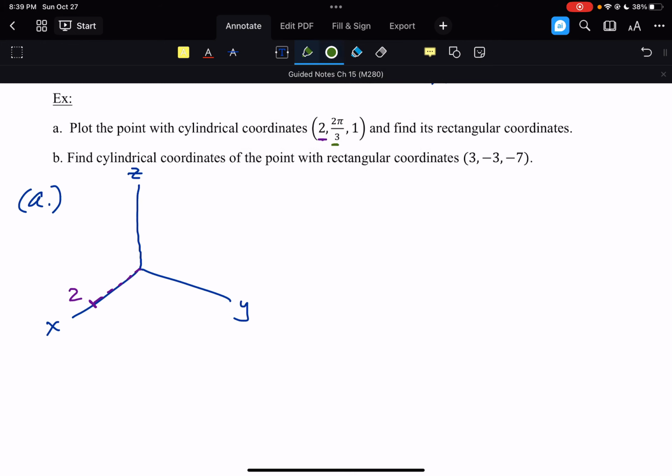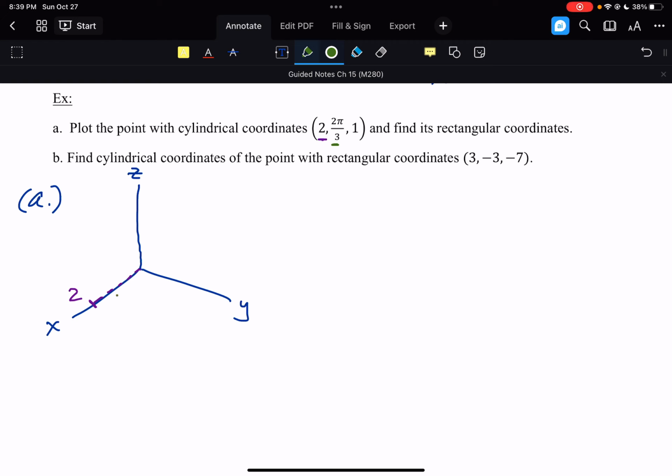Theta, 2 pi over 3, tells us how far around to go. So we start at the positive x-axis. That's this way. So, right, if you're picturing the unit circle down here, this is where the angle 0 starts, and then we go around this way. So we start here, and we're going 2 pi over 3.